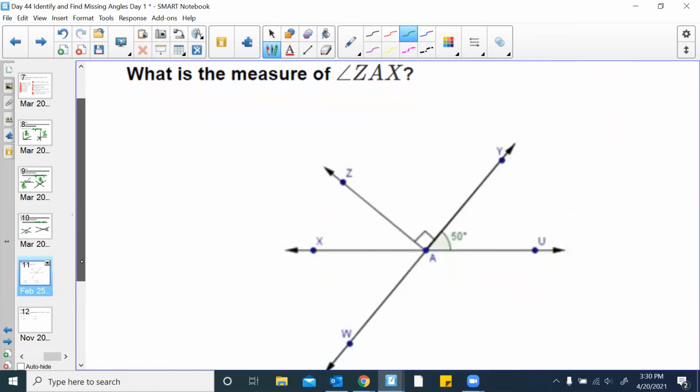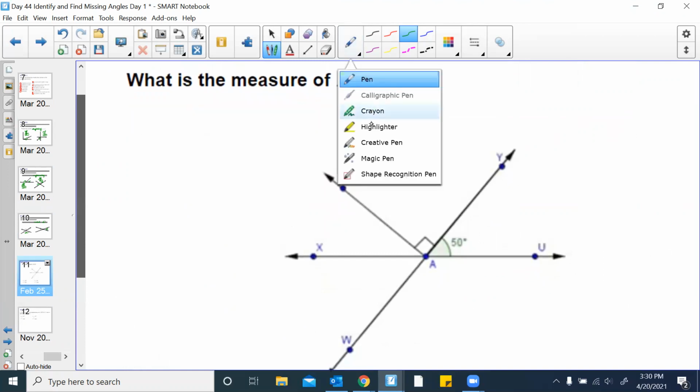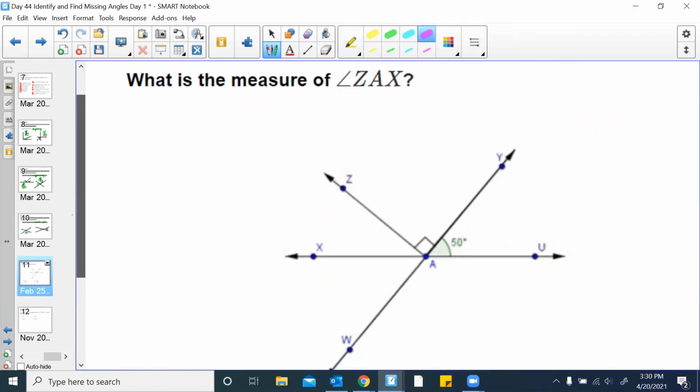All right, what is the measure of angle ZAX? So first, let's go ahead and find ZAX. Let's look at what we know. Right here is 50, they give us that. Right here, because of this right angle, is 90 degrees. And right here, we don't know.